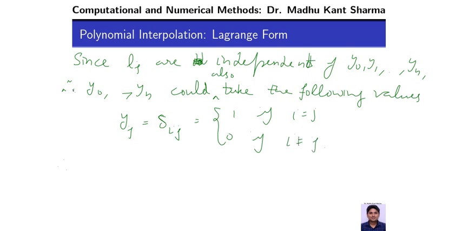So therefore, from the interpolating condition, yk is equal to Pn of xk.